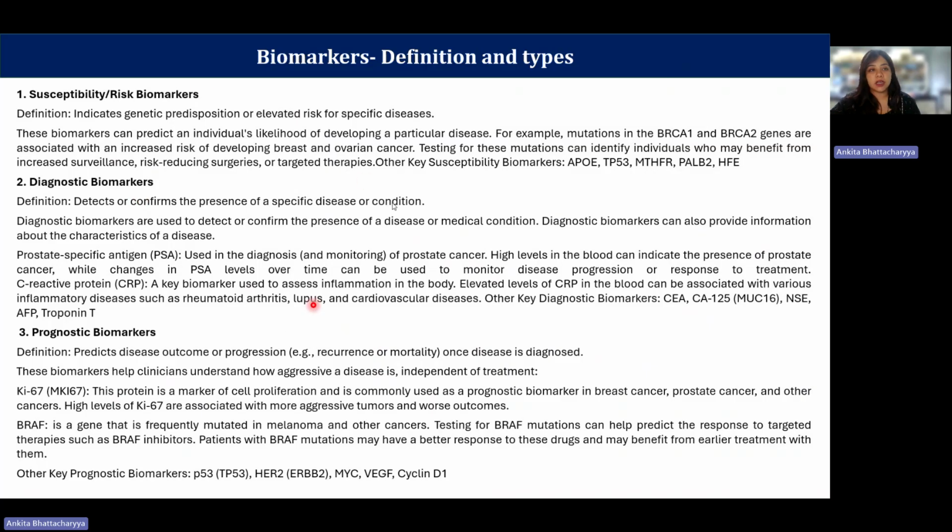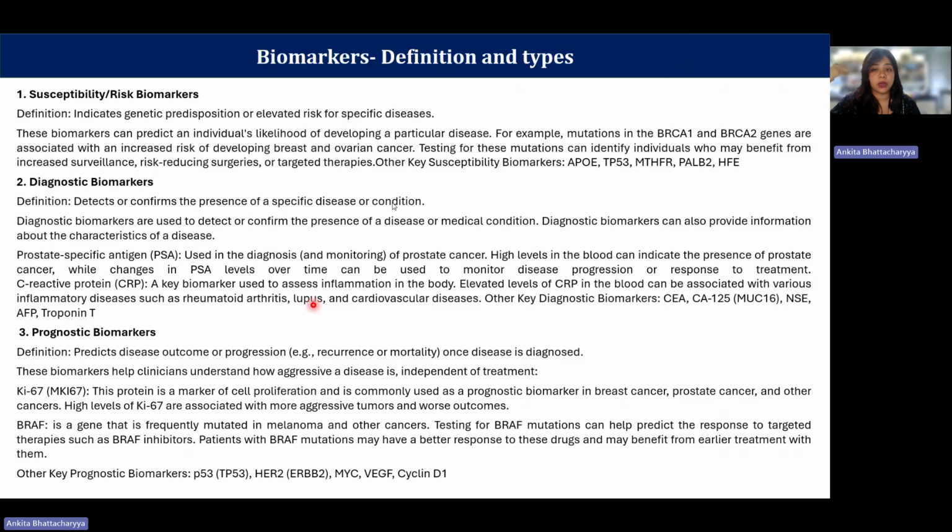Many a times, what happens is that an individual's genetic background provides enough leverage for an individual to be almost certain that they are going to eventually suffer from a certain disease because they show the expression of a certain biomarker, or basically just a susceptibility or a genetic predisposition to a certain disease. So they predict an individual's likelihood or the possibility of that individual developing a particular disease.